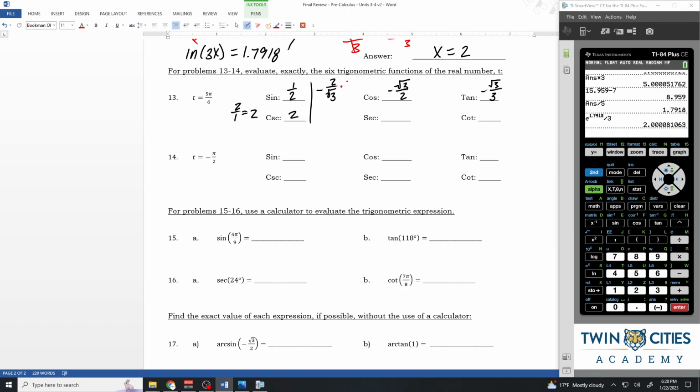I'm going to multiply the top and the bottom by this square root of 3. This will be negative 2 square root of 3 over the square root of 3 times square root of 3, in other words, the square root of 3 squared. Square root and squared, those undo each other, leaving just a 3. So I've got negative 2 square root of 3 over 3.